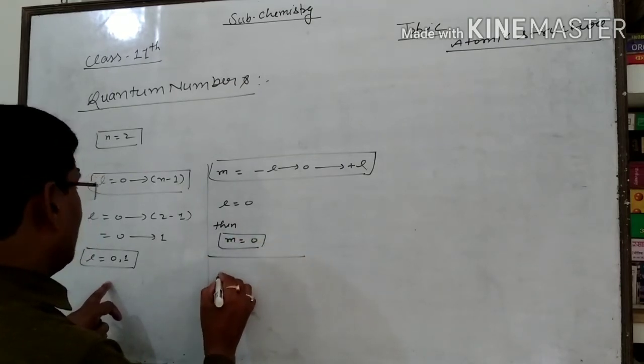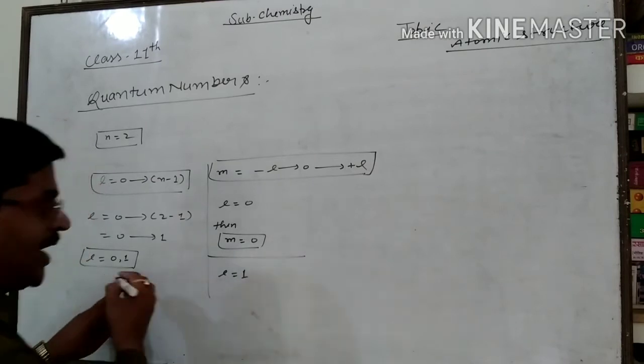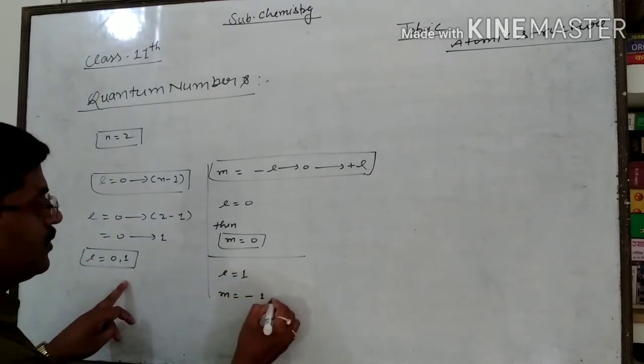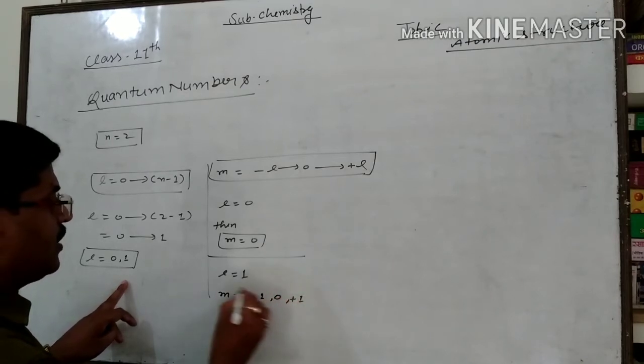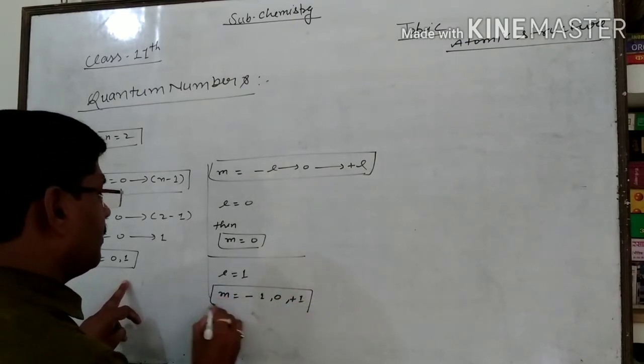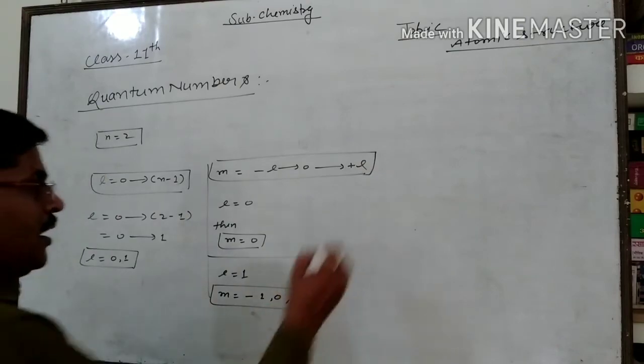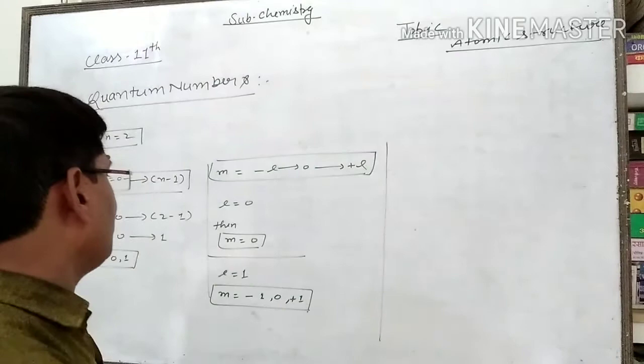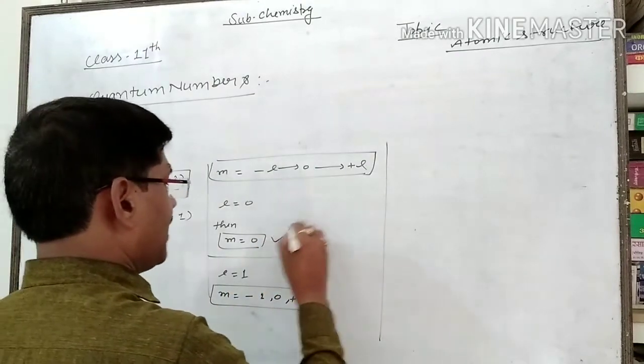Second value l is equal to 1. From here I have taken, so m is equal to minus 1, 0 and plus 1. After that, fourth, it means the spin quantum number, you have to take up this value.